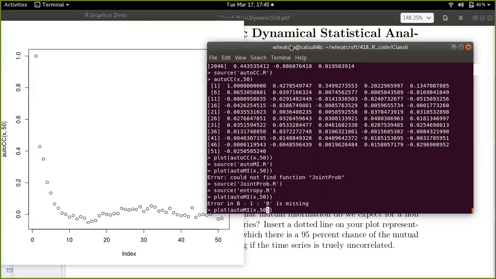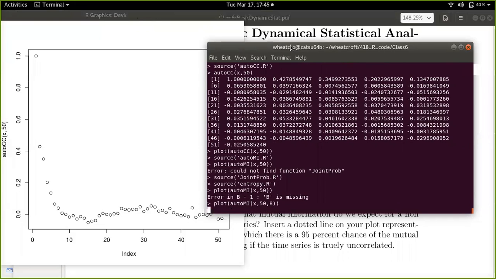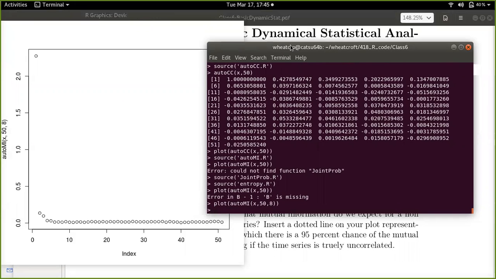So it's always quite a difficult trade-off. So we can try different numbers of bins. We start off with 8 and see what happens. Okay, so just calculating that. So here fairly quickly the auto mutual information declines to 0.